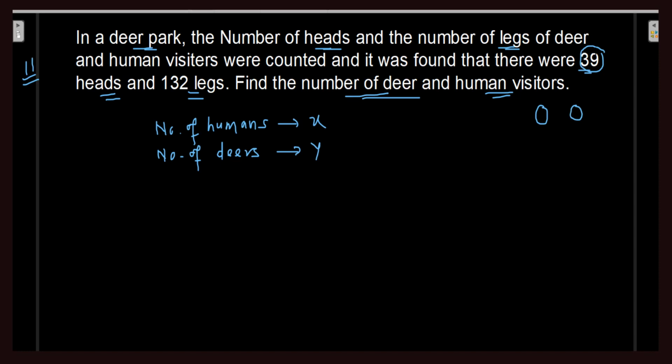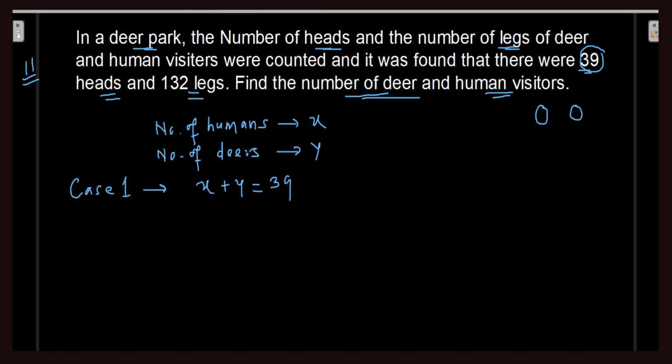So the number of humans plus the number of deer, one head of each human and one head of each deer, together will be the 39 heads. Therefore, by case 1, we get x plus y is equal to 39, because there will be x heads of humans and y heads of deer.